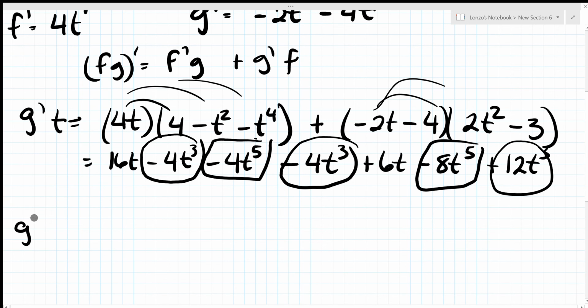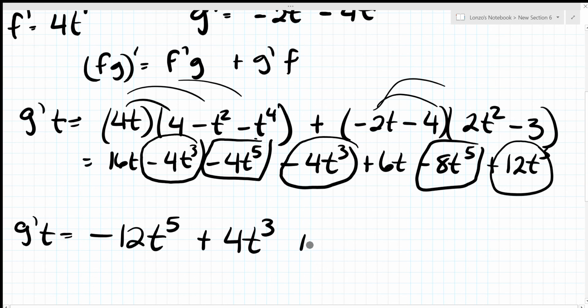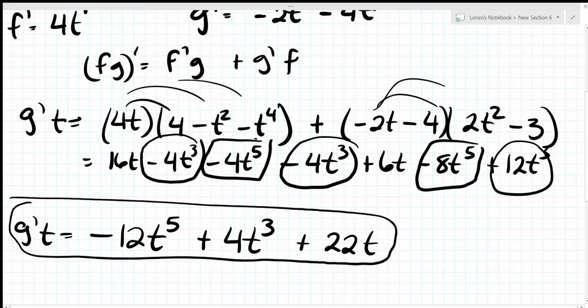So g prime of t, when you combine all like terms, is going to be negative 12t to the 5th plus 4t to the 3rd plus 22t. This is your final answer. There. So that was example 4.